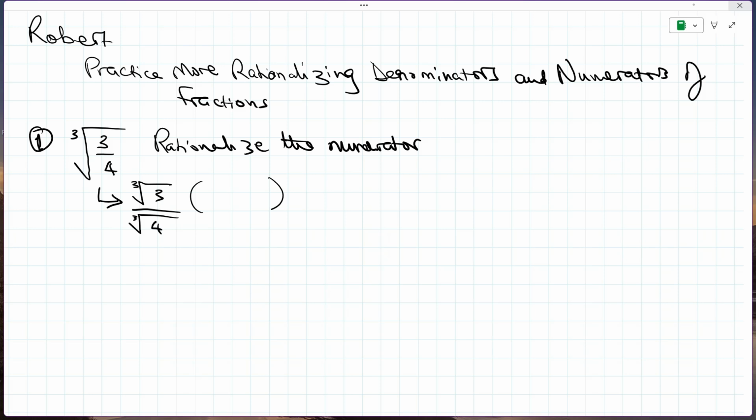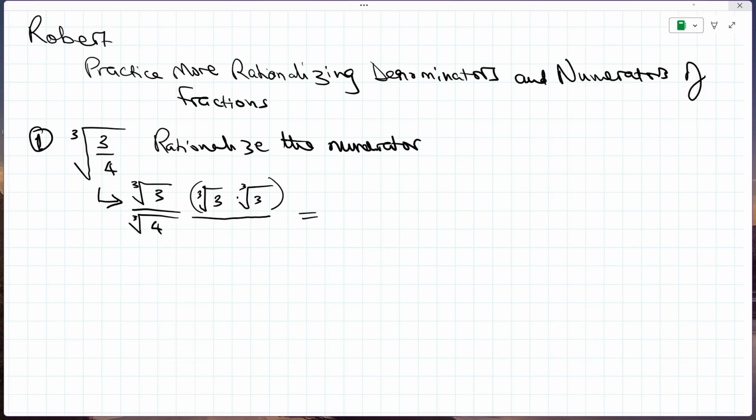And in this case, I will have to multiply through by two factors of cube root 3. Cube root 3 multiplied by cube root 3. Because we know that cube root 3 times cube root 3 times cube root 3 will give us 3 at the end. Now, what you do to one part of a fraction, you must do to the other.